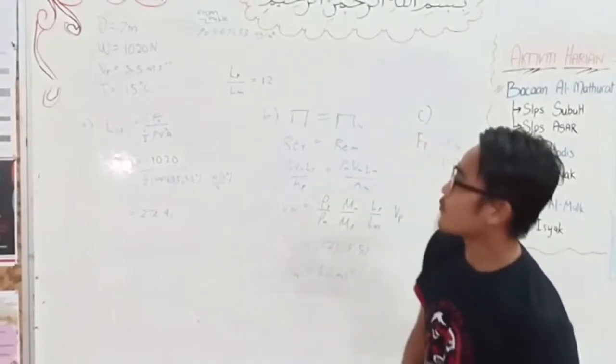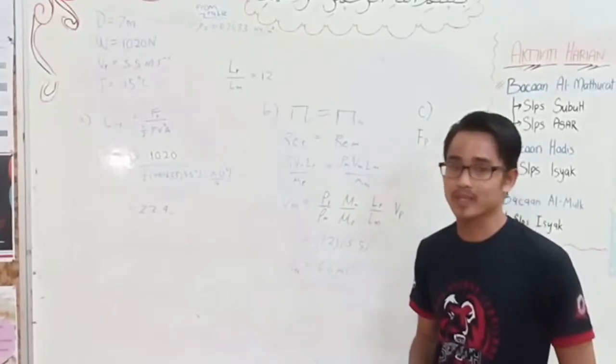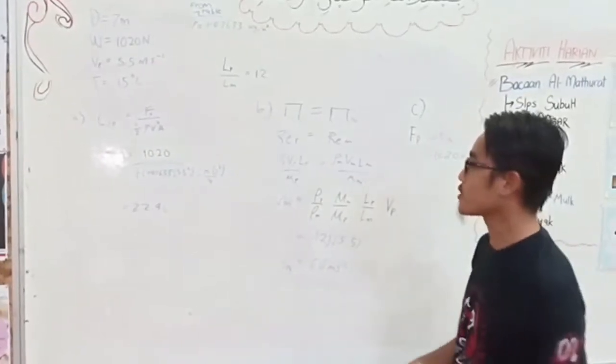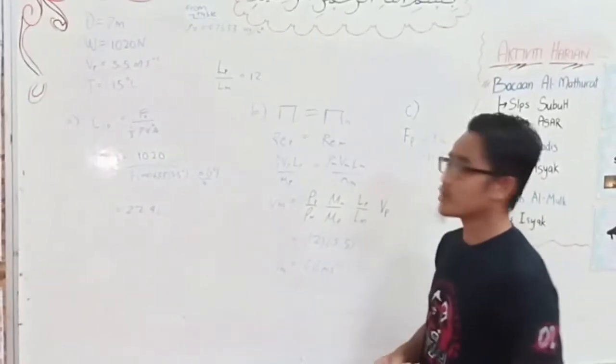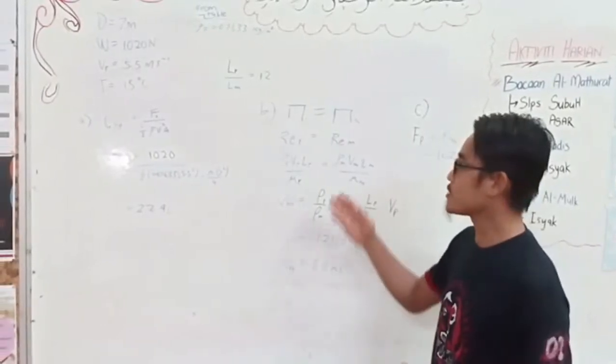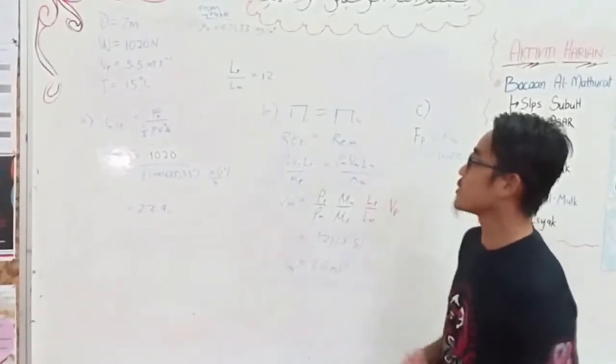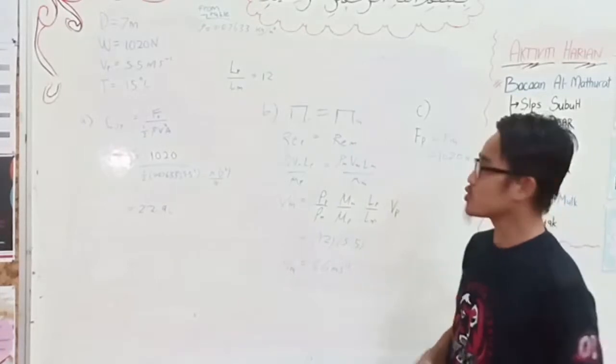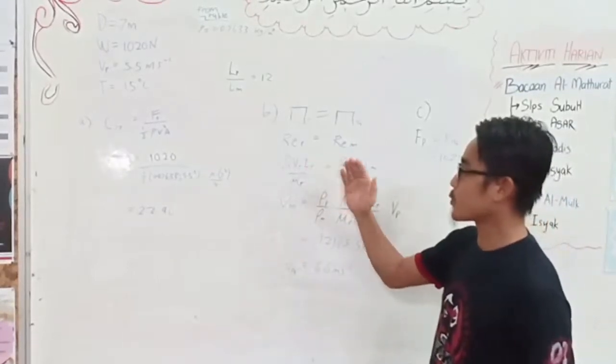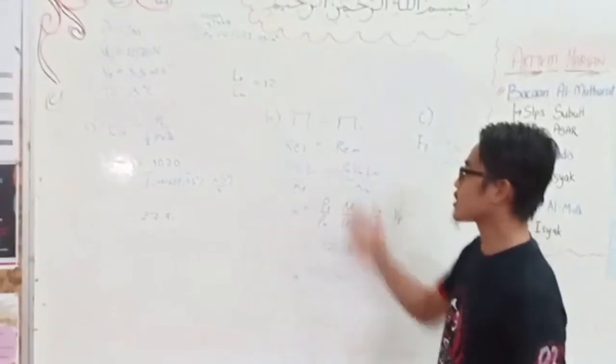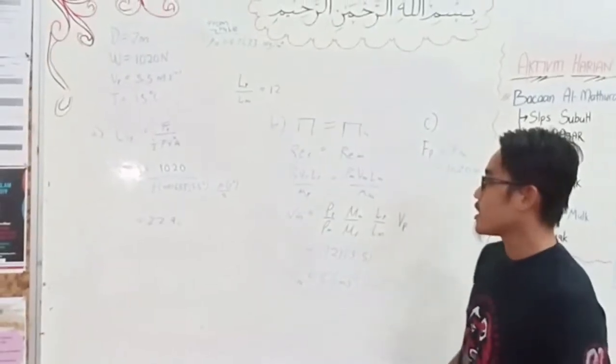Next, for the second question, we need to find the velocity in the wind tunnel for the model. We know that the non-dimensional number for the prototype is equal to that of the model. So we can set the Reynolds number for the prototype equal to the Reynolds number for the model.